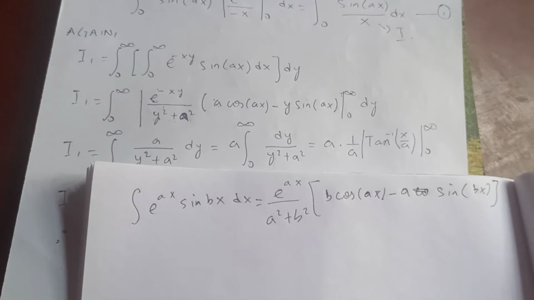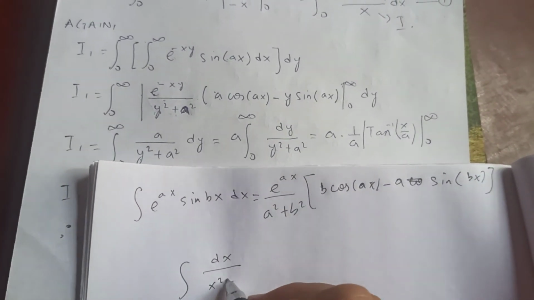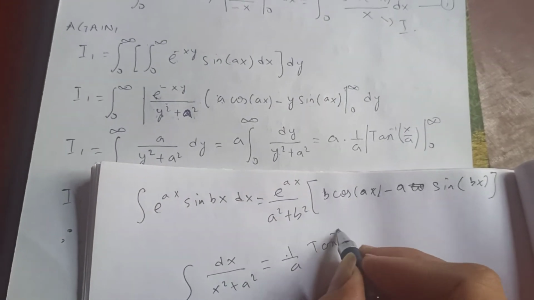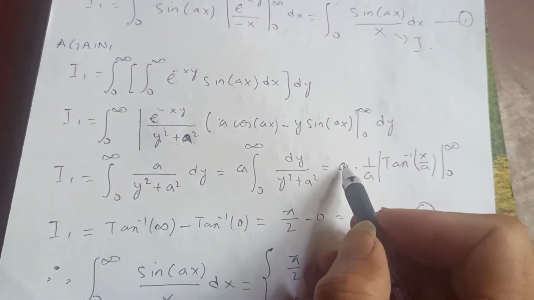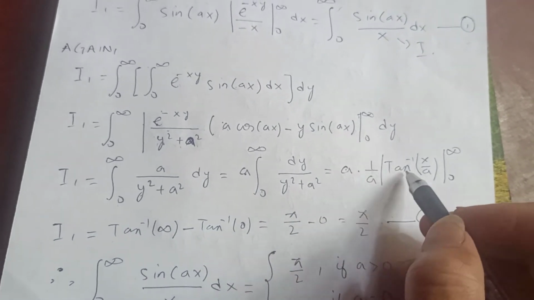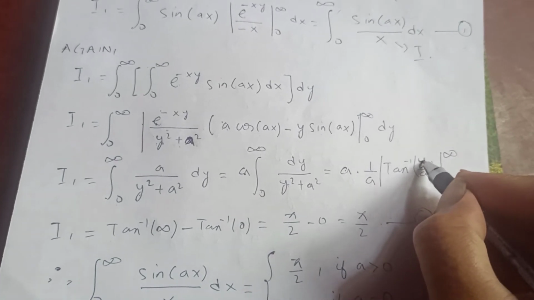Then we know that the integration of dx upon x square plus a square is 1 over a tan inverse of x over a. That is our formula. Then you get a into 1 over a, tan inverse of y over a.